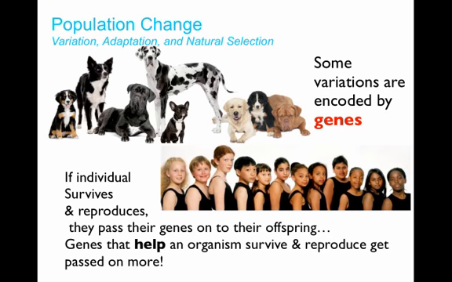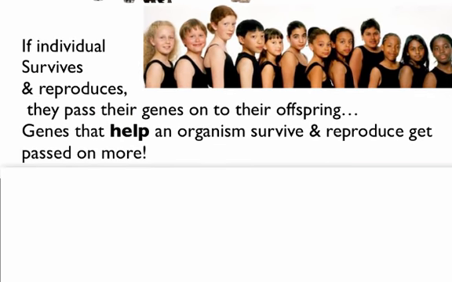At the level of a population, this means that if a particular individual survives and reproduces, then they're going to pass their genes and their variations onto their offspring. A consequence of this is that if you have variation or genes that actually help you to survive and reproduce, then those genes are going to be passed on to the next generation in the population more often because you're going to survive and reproduce more.